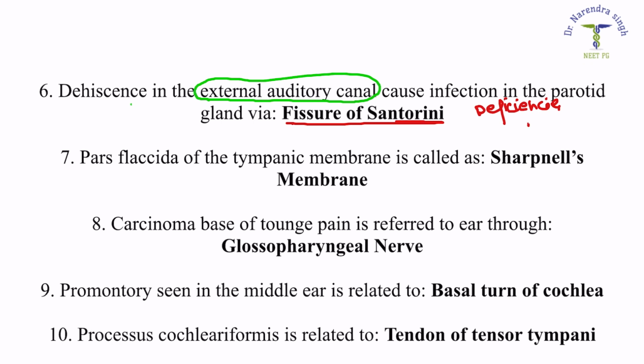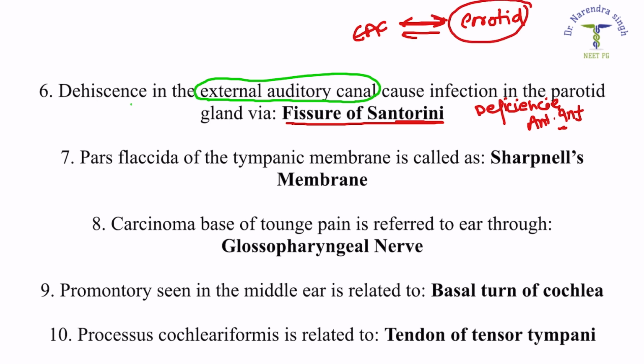In which part? The anterior-inferior part of the cartilaginous part of the external auditory canal. Through this, the external auditory canal communicates with the parotid, and this is an interchangeable two-way communication.